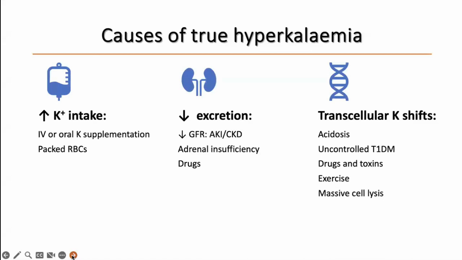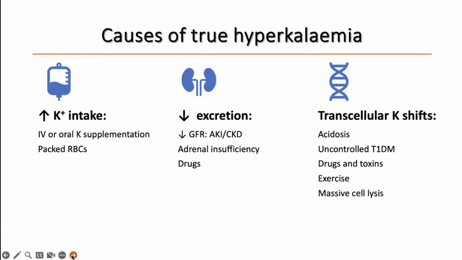So then looking at an uncontrolled type 1 diabetic, like we said, after a meal, insulin is secreted, and that actually stimulates the action of the sodium potassium ATPase pump, which causes a cellular uptake of potassium. So if you have an insulin deficiency, this mechanism then doesn't actually promote the action of the sodium potassium pump. Again, here you can have drugs and toxins.